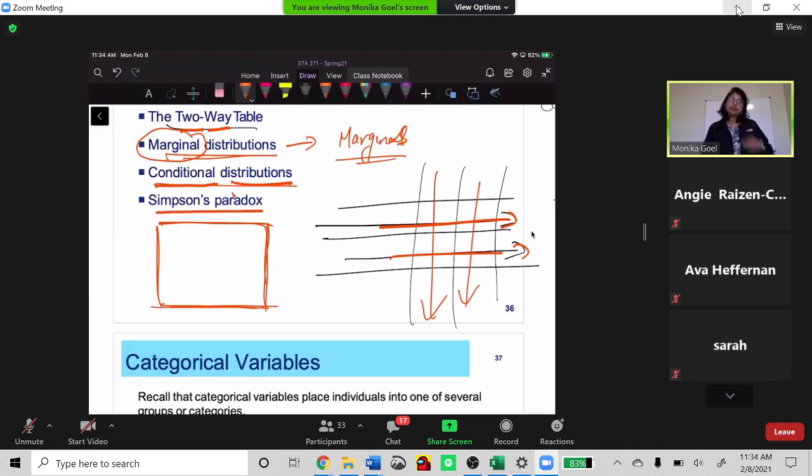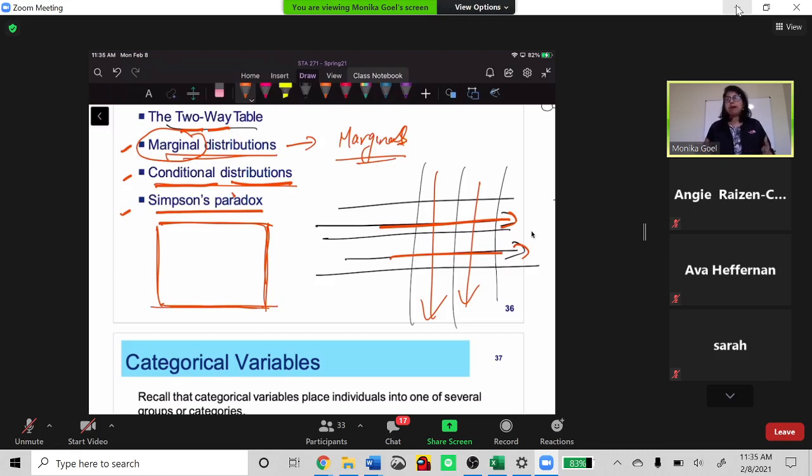Simpson's paradox is an important application that we use. And again, Simpson's paradox will make more sense once we understand what marginal and conditional distribution are. But let me just explain in two sentences, and then we will do it with an example later on. Simpson's paradox means that when we work with two separate two-way tables, we get certain results.